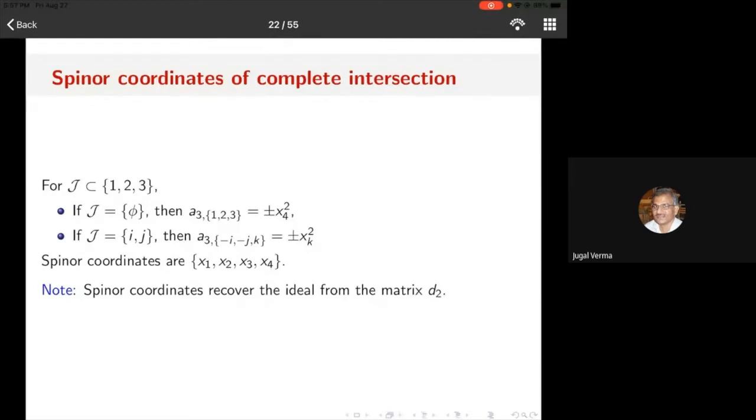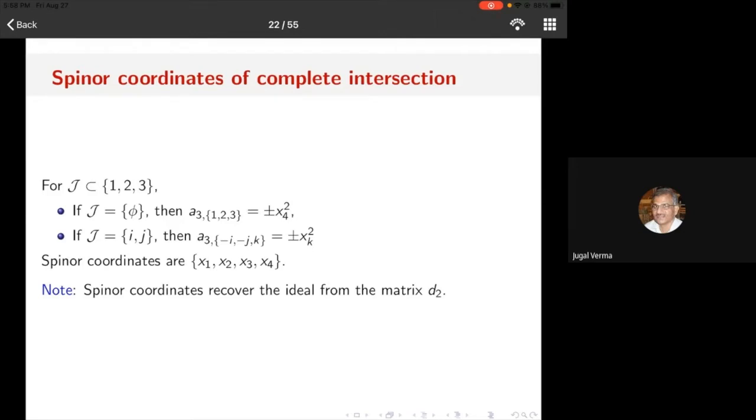All the Spinor coordinates are among the minimal generating set of the ideal. This is only possible for a complete intersection. One more thing I forgot to mention in the theorem: as a consequence of the theorem, if we find the Buchsbaum-Eisenbud multiplier for indexing sets of the form K equals minus J union J complement, it is enough to get the Spinor coordinates for that, because the other Buchsbaum-Eisenbud multipliers can be defined by a quadratic relation with these Spinor coordinates only.